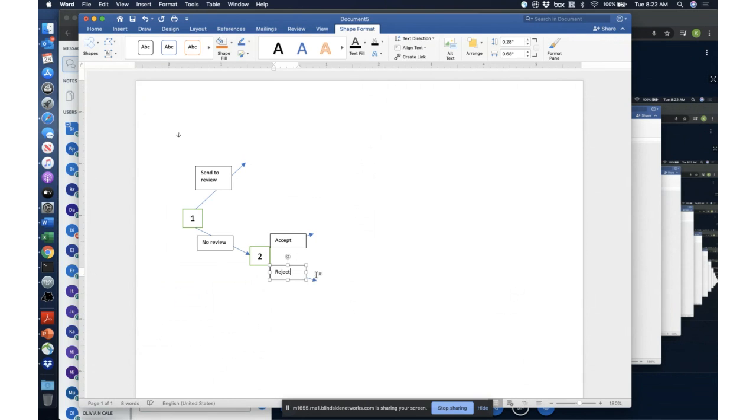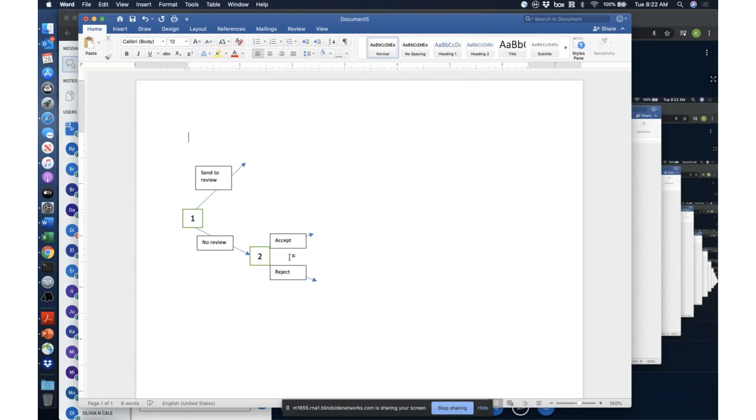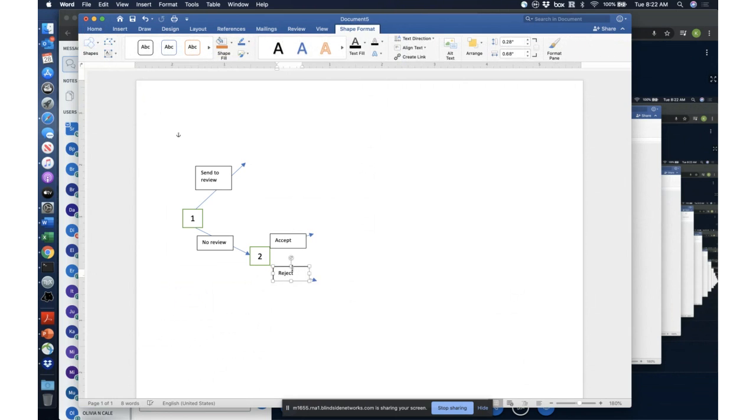If you reject the manuscript, you don't make any money. So your payoff is basically zero. Here you're looking at all profits, so zero is not the best option.